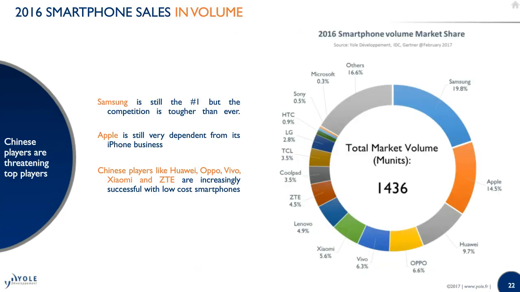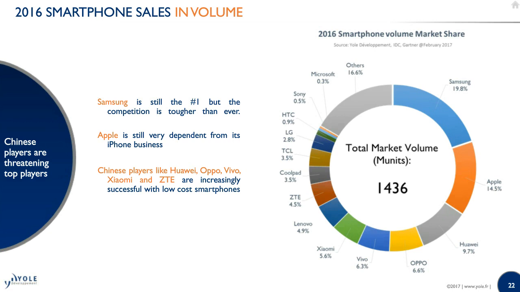So now let's look at this market for these end systems. Let's try to understand better whose position in this smartphone. So we'll focus on the smartphone only now. If you look from a volume perspective, you will see that Samsung is the number one leading company, with the highest market share, something around 20%.